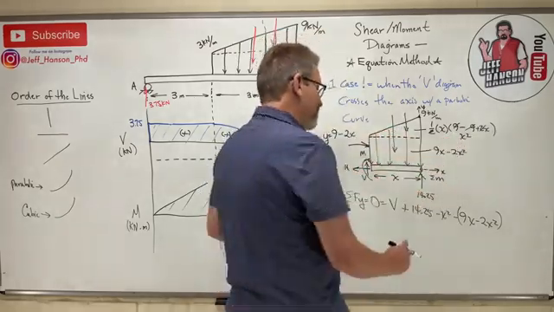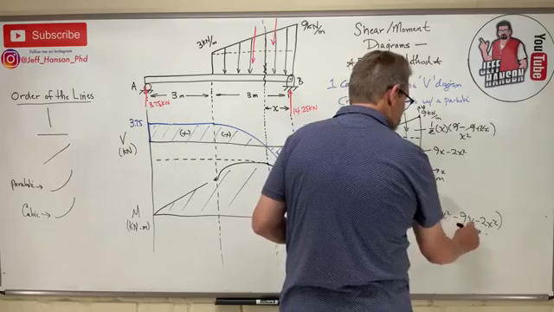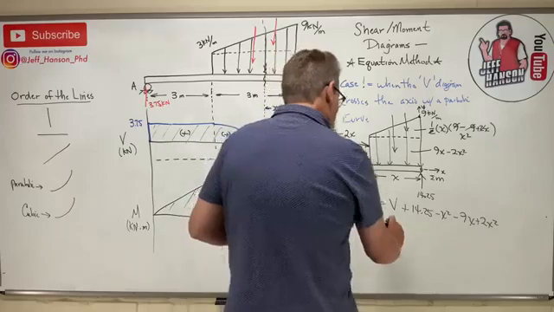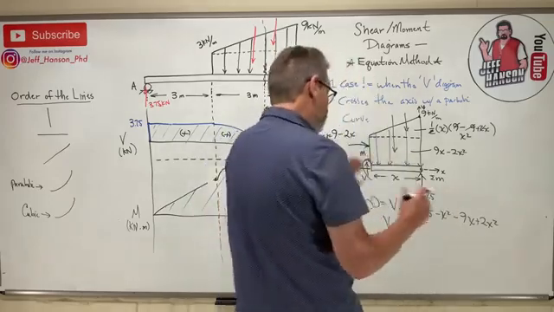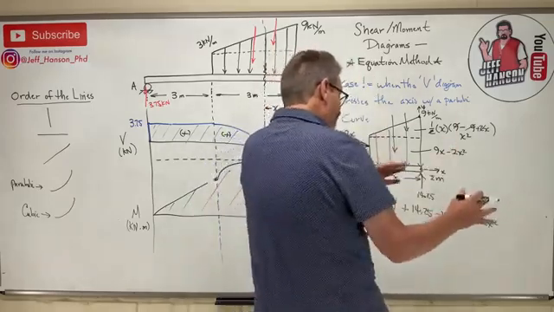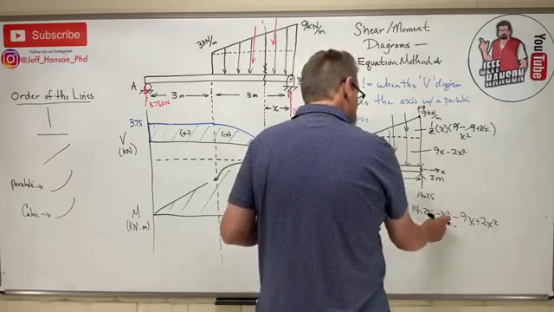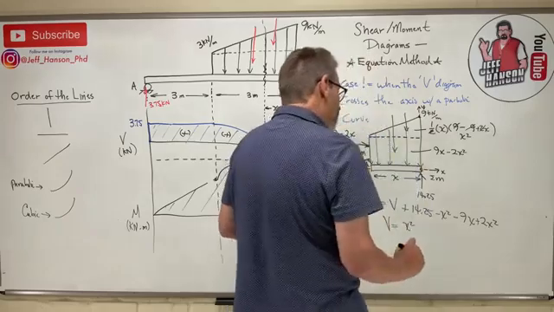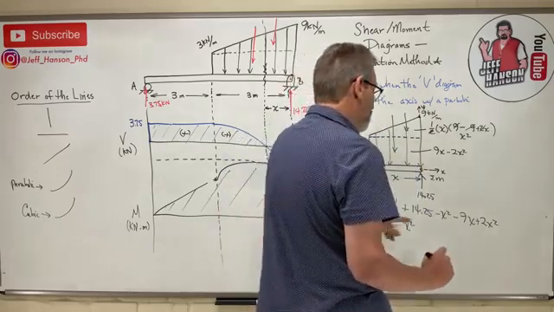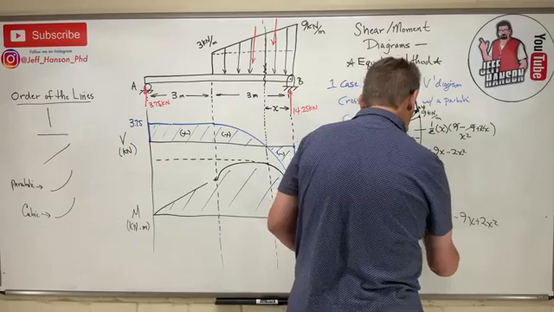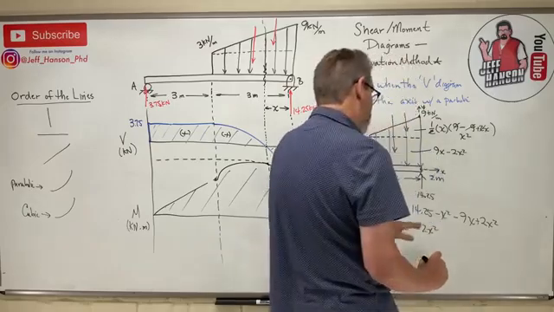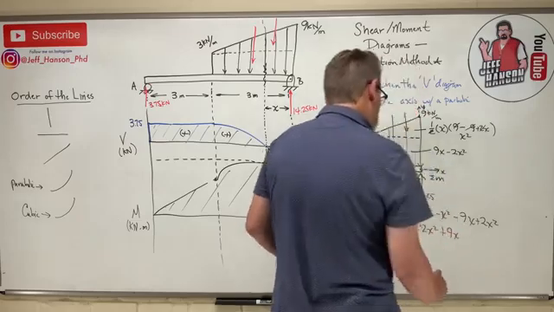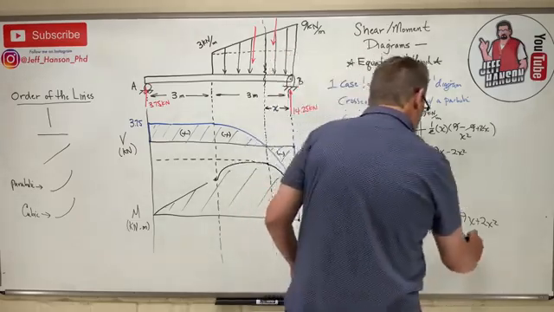Now I can come back and distribute that negative, which is going to turn that to a negative and that into a positive, which makes v equal to, let's move some stuff around, right? I got to move everything to the other side. So x squared, when it gets moved to the other side, is going to become positive x squared. Let's see, and then minus 2x squared, right? And then this is going to be plus 9x. And then this is going to be minus 14.25.